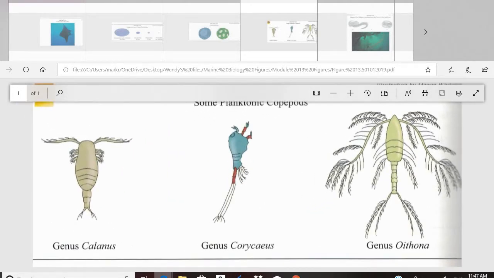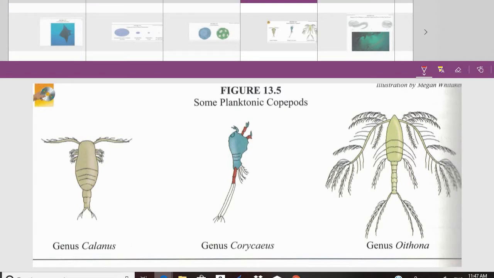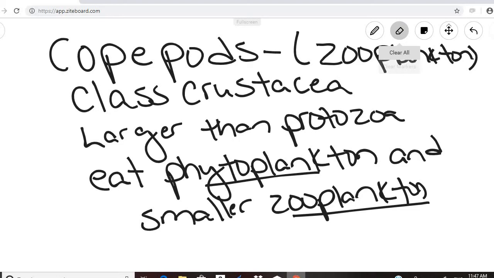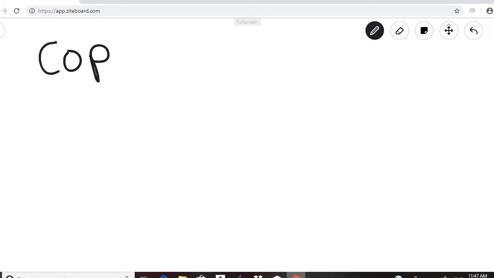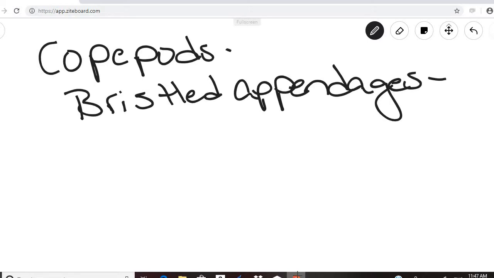So here are some pictures of different types of copepods. One of the things you'll see is that many of them have these bristled appendages. See these appendages that have bristles on them? Up here, these are all bristled appendages. So copepods have bristled appendages, and if you think about it, you might realize that they use them to cause water to flow near their mouths.